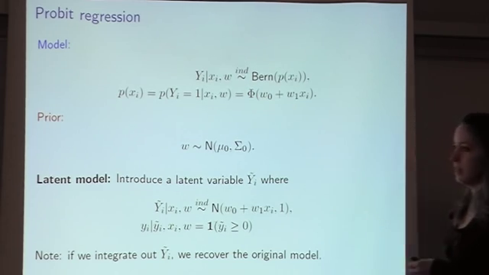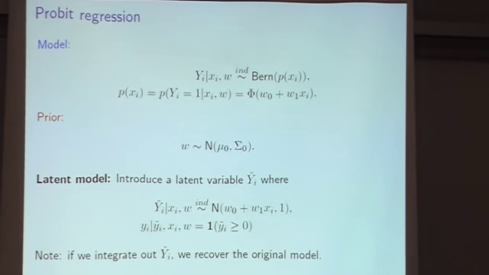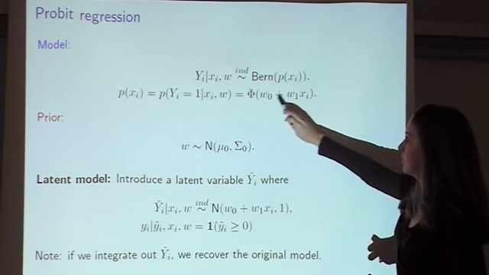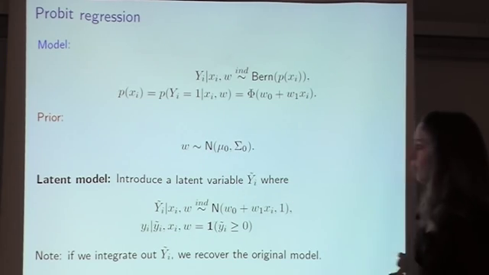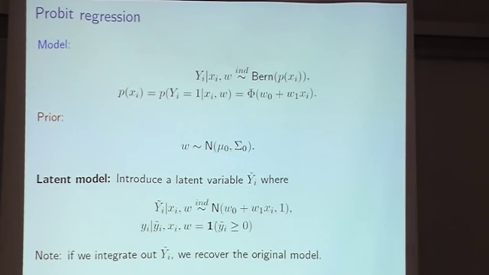So this is the standard normal distribution function, phi. Now we need a prior on our parameters, so these are our weights here. We can assume that the weights are normal with some mean and variance covariance matrix.